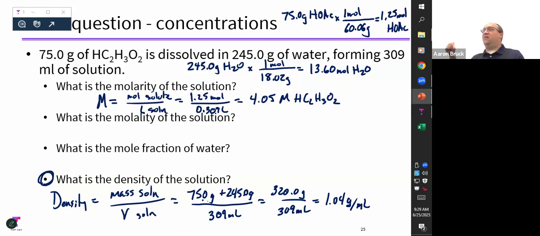You have to have the unit, molarity. And you have to have what that is the concentration of. In this case, acetic acid. We know far too well solutions can be made out of multiple things. And so if we're not explicit about our labeling, we could end up making mistakes when it comes to interpretation.